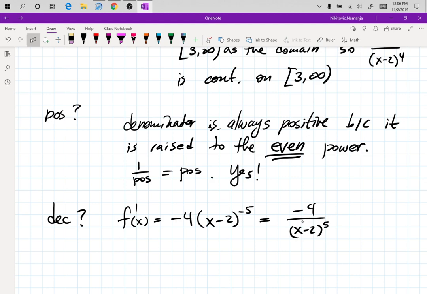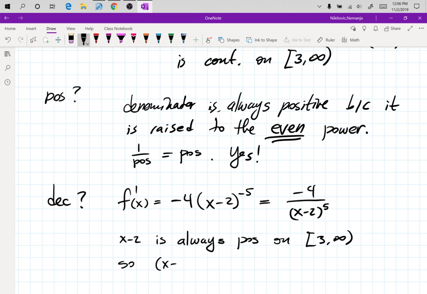And as you can see, the denominator is always a positive number. But you say, hold on, it's raised to the odd exponent. Yeah, but your domain starts at 3, right? And since the domain starts at 3, 3 minus 2 is 1. The next number is 4 minus 2, which is 2. So we say x minus 2 is always positive on 3 to infinity.